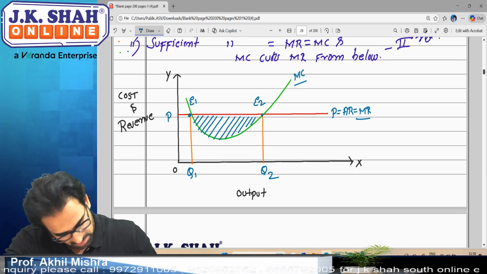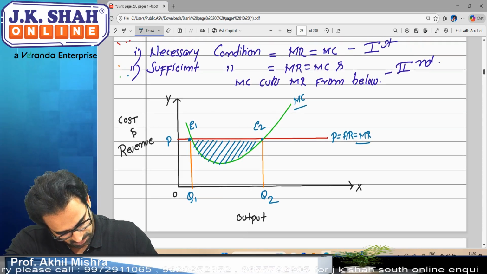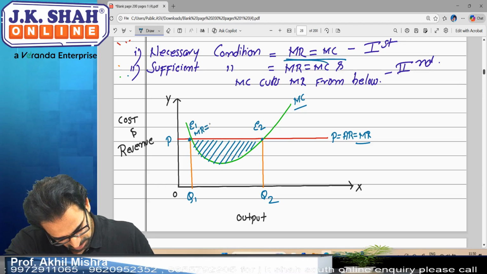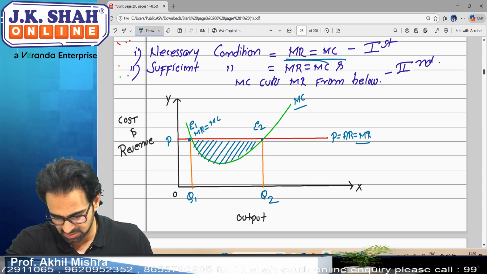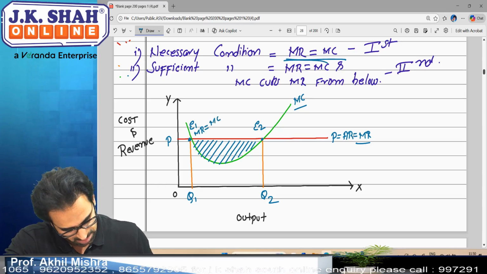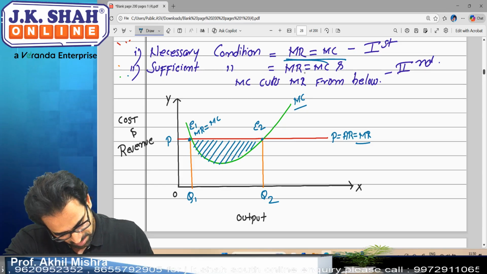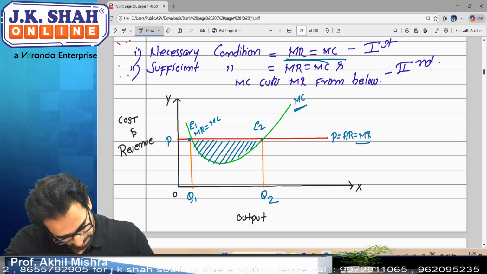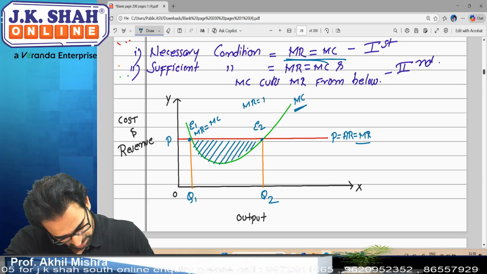See, the first condition is what? MR should be equal to MC. So at this point E1, your MR is equal to MC, correct? Now at E2, MR is equal to MC is happening, and MC cuts MR from below. See, the MC is cutting MR from below here.